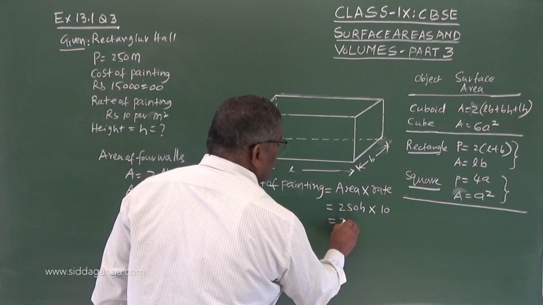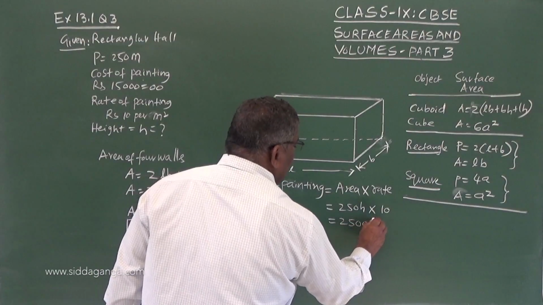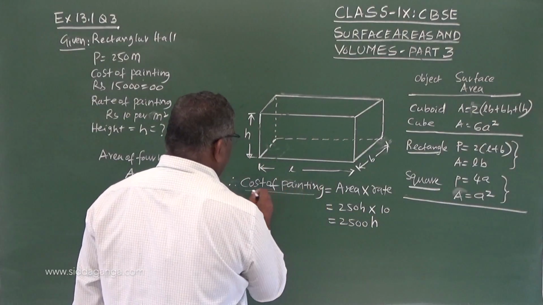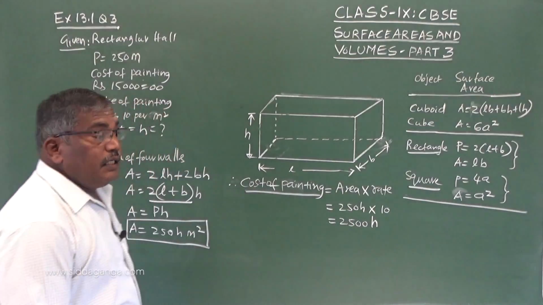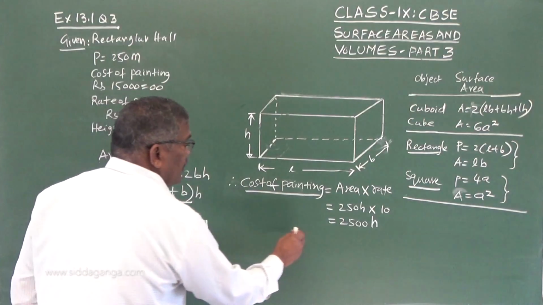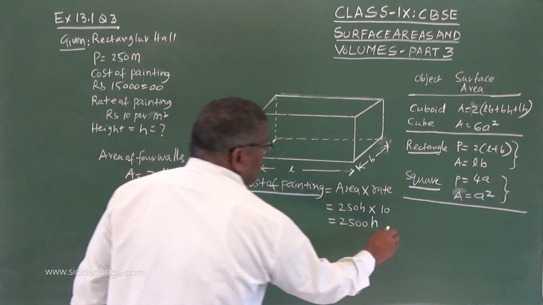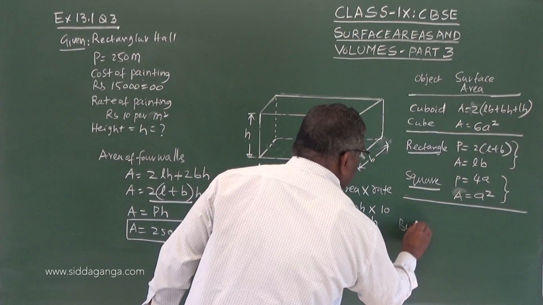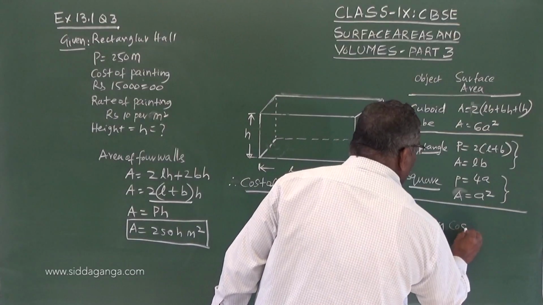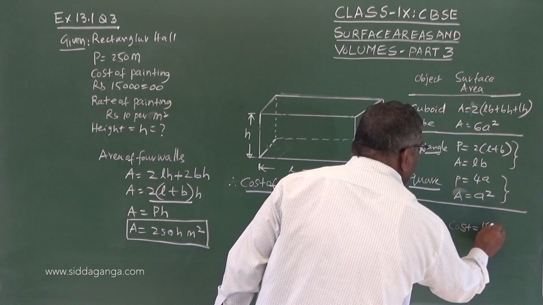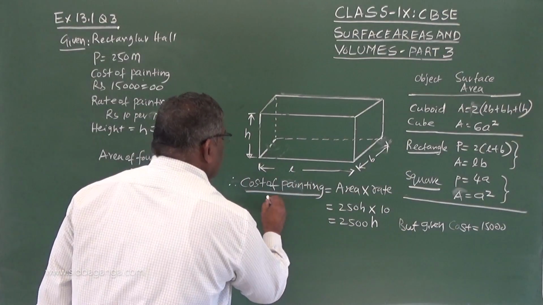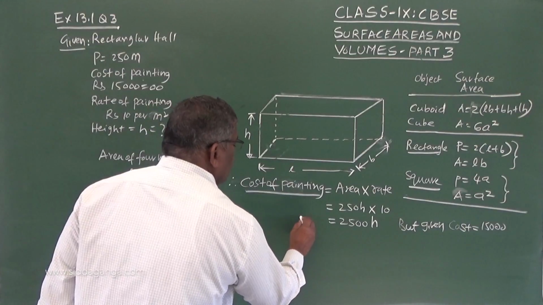So this equals 2500 H, which is the cost of painting. But remember, the cost of painting is given as 15,000 rupees. So you put 15,000 here. The cost of painting is 15,000.